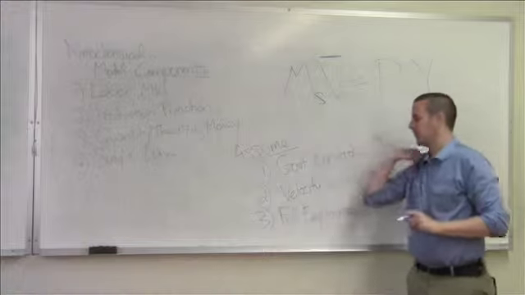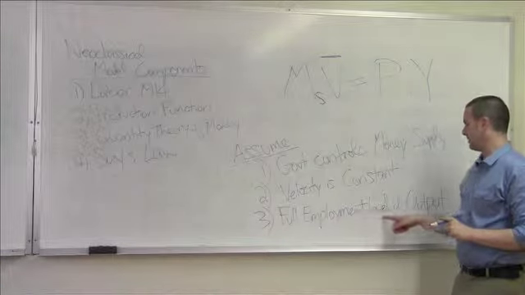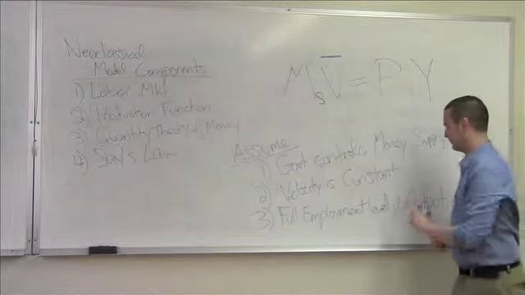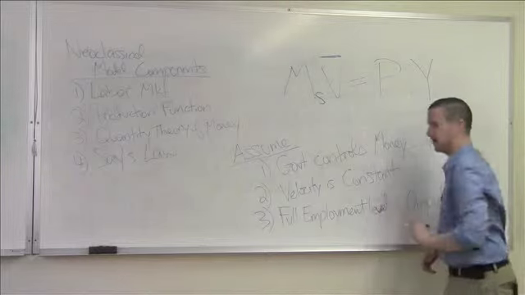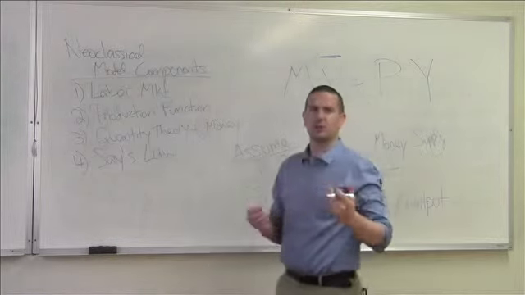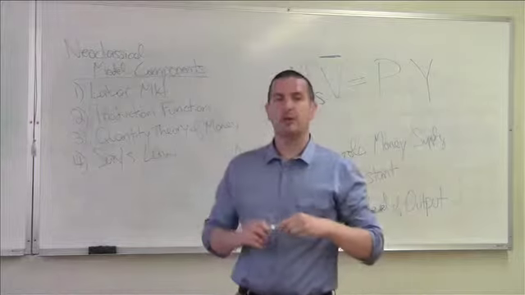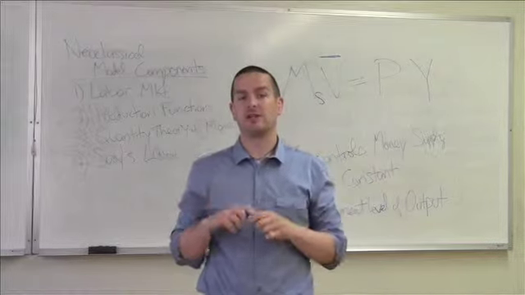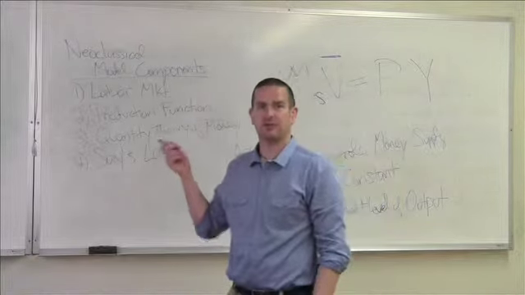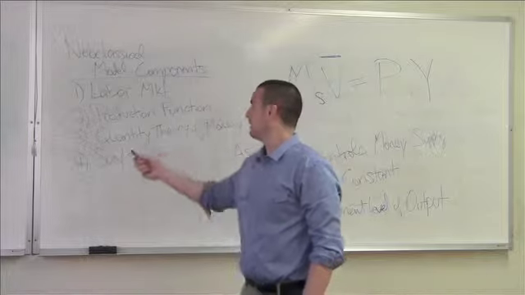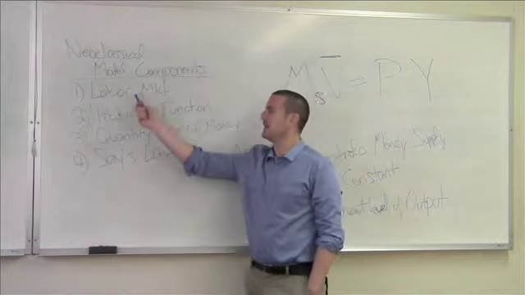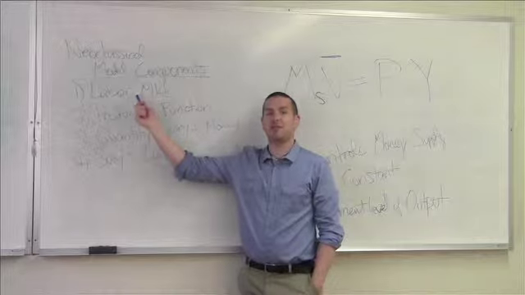Third, we assume that we are at the full employment level of output. Why? If you remember from the first part of week 3's lecture, with the labor market, we said that we have full employment.